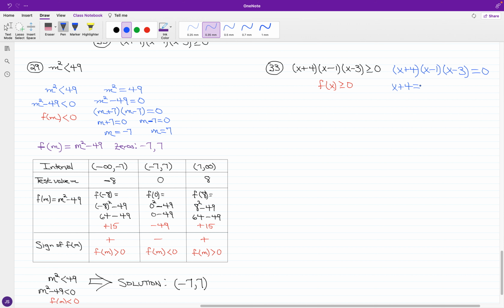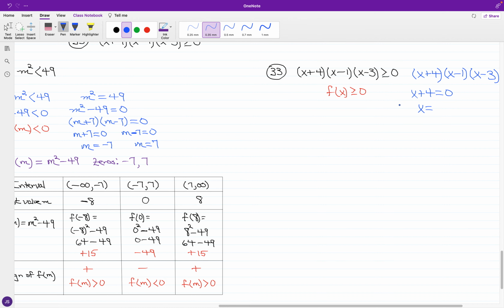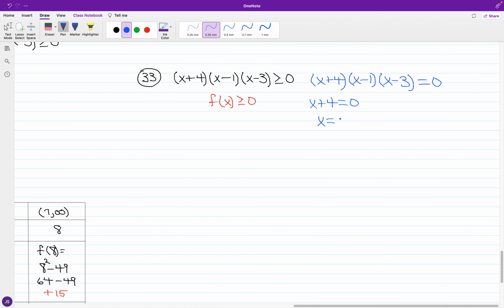So if x plus 4 is equal to 0, we have that x is equal to negative 4. If x minus 1 is equal to 0, we have that x is equal to 1. And if x minus 3 is equal to 0, we're going to have that x is equal to 3.